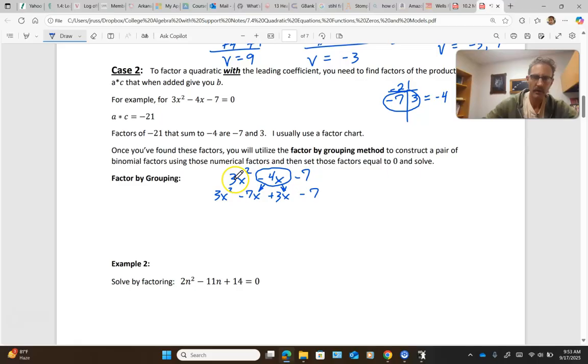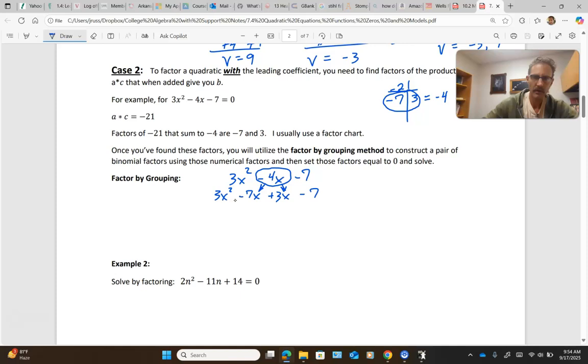So all we're doing, we're not changing this in any way. We're just modifying the way it looks. Okay, and that's all. We want it to have 4 terms, because to perform this factor by grouping method, we group each of these 4 terms into pairs.